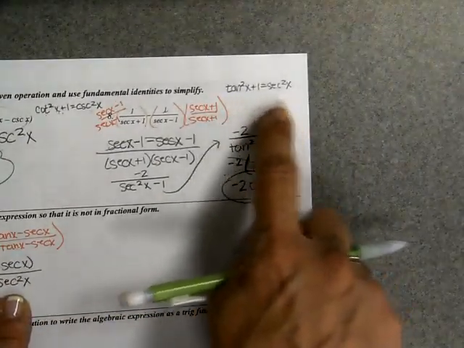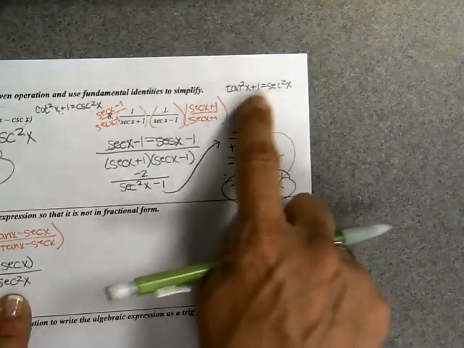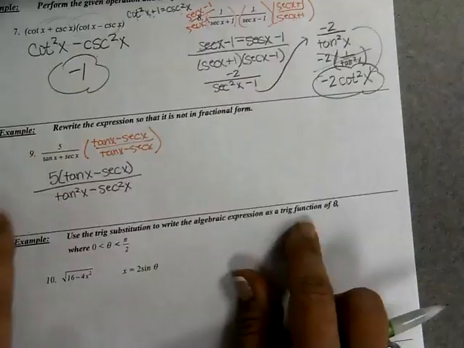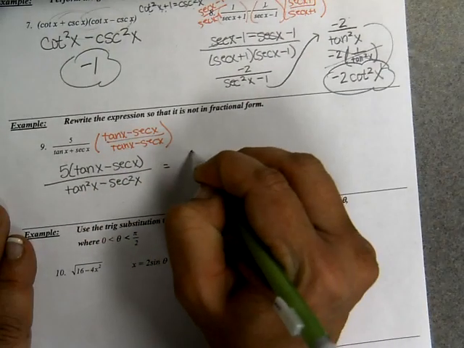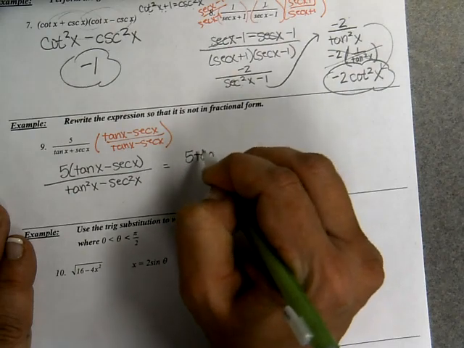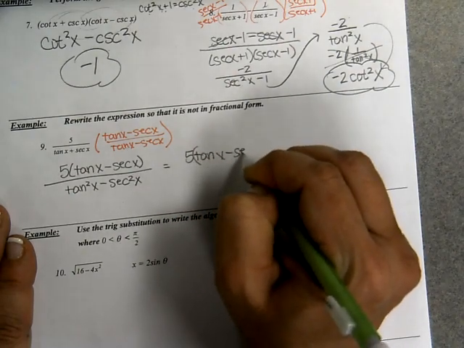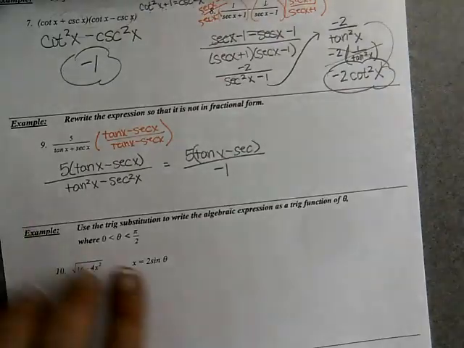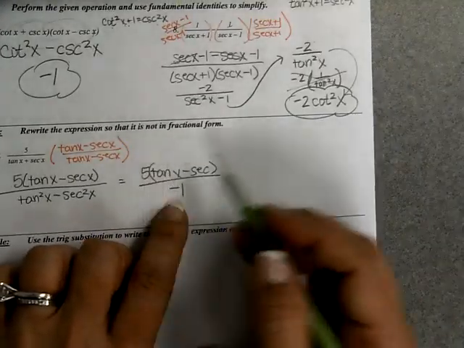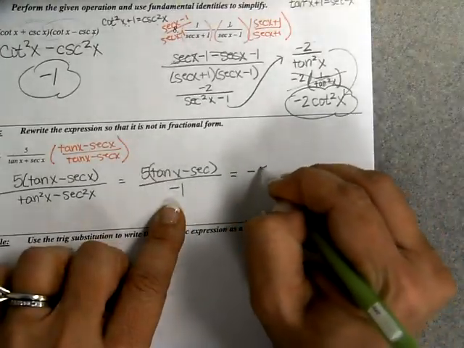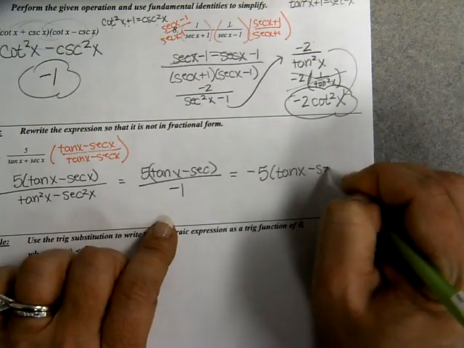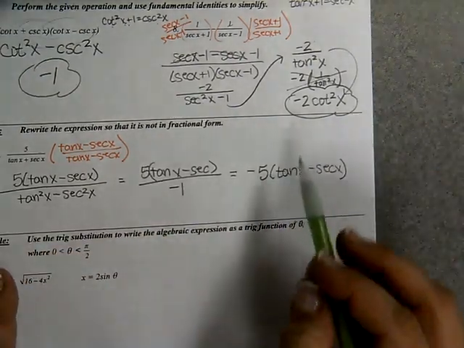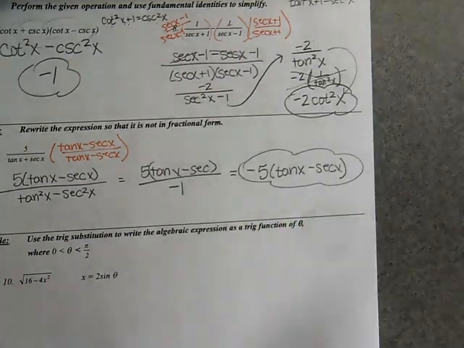If we manipulate that around, tangent squared x minus secant squared x would end up giving us -1. I'll just work across here, sorry. So that gives me -1. And now that that's -1, I can totally eliminate the fraction. Now I know that this is -5 times tangent x minus secant x. And now this is not in fractional form, so we're all set.